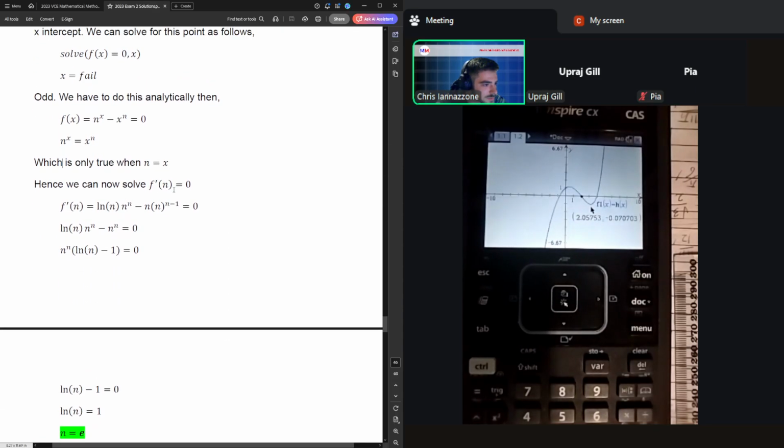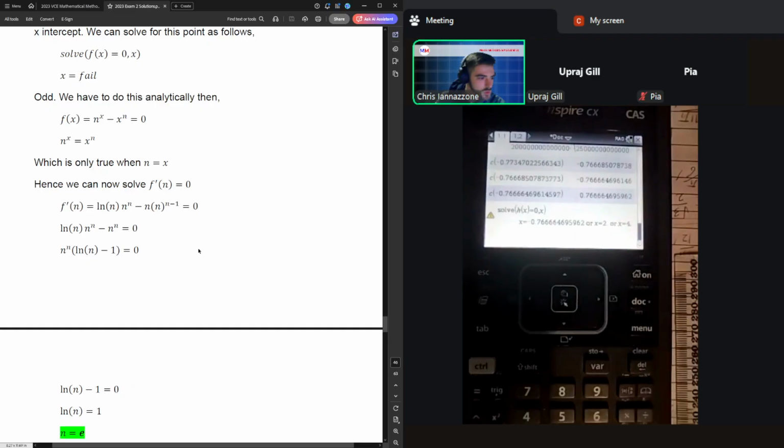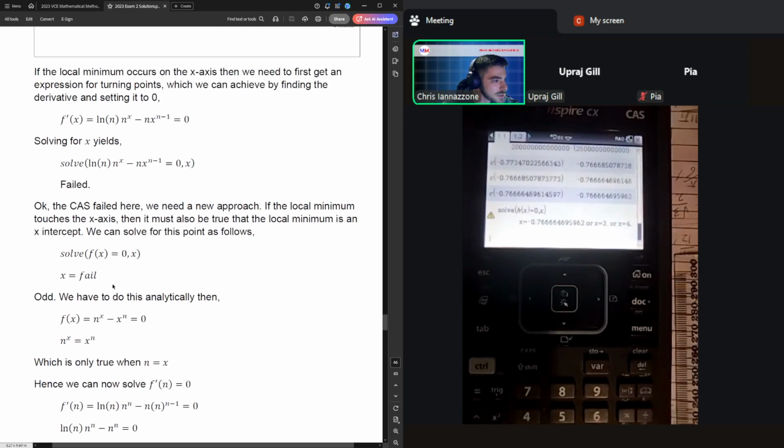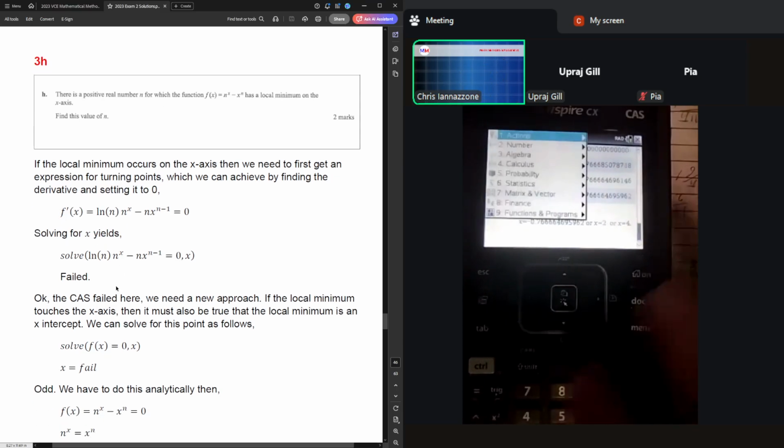So you just sort of, I don't know why I felt compelled to, oh, maybe this is still broken actually. Yeah, why did I keep going here? You say f dash of n equals 0. Let's find out. That one I'm not too sure if that bricked or not. So we need to redefine the function.